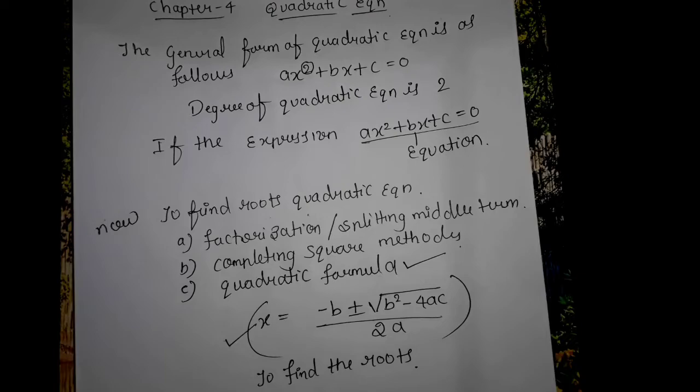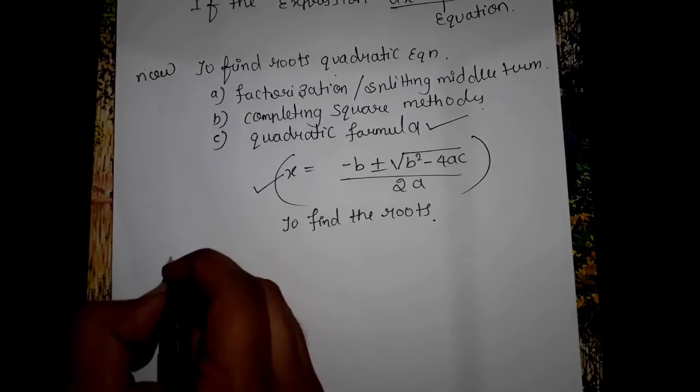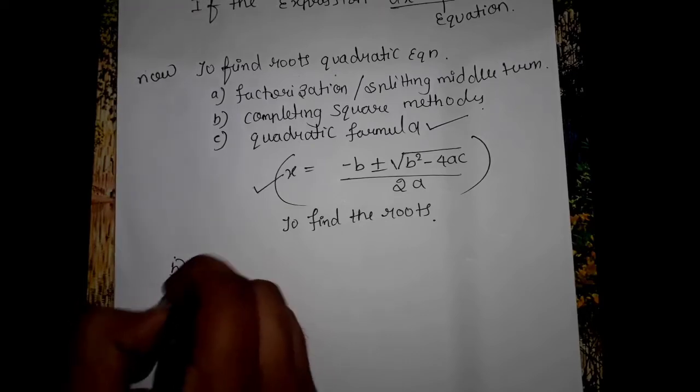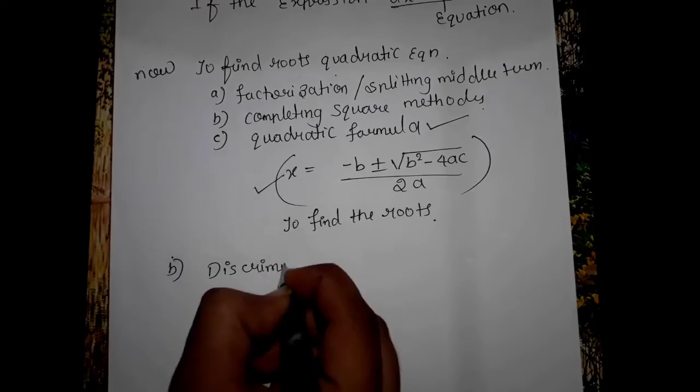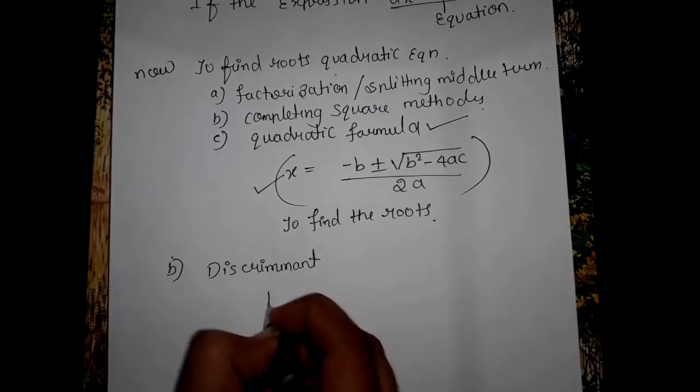And next comes the formula of the discriminant, which is denoted by D, b square minus 4ac.